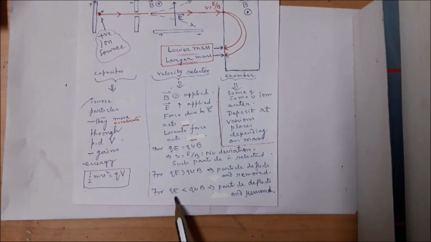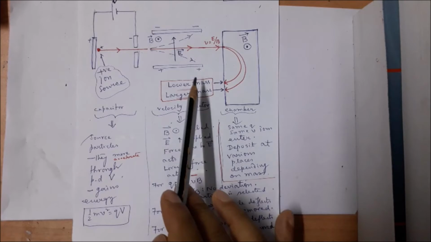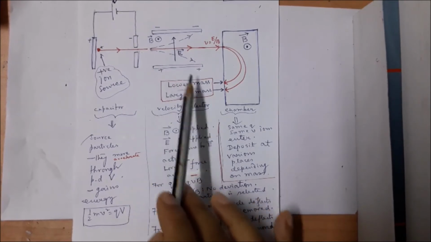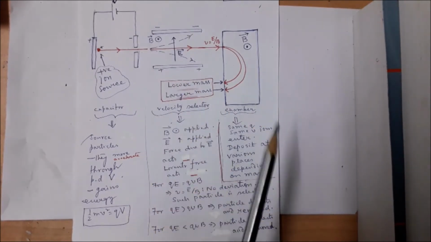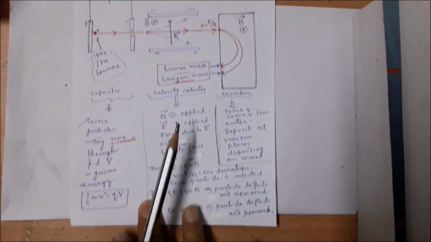Again, if qE is less than qVB, then the Lorentz force dominates and particles will be deflected towards the positive plate and therefore are removed from the beam, as they have V greater than E by B.